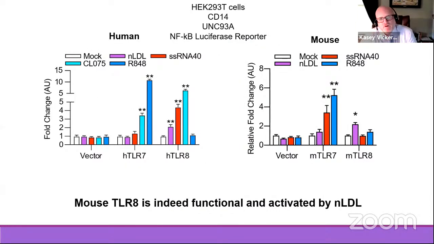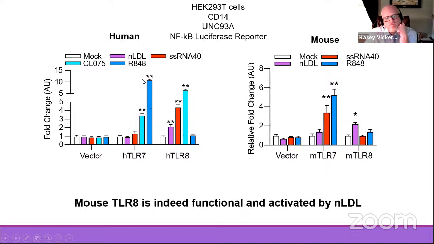We went back to our NF-kappa B luciferase reporter to circle back and compare human and mouse TLR8. So we overexpressed human or mouse TLR7 and TLR8 in these cells and hit them with different ligands. Human TLR7 is not activated by LDL.